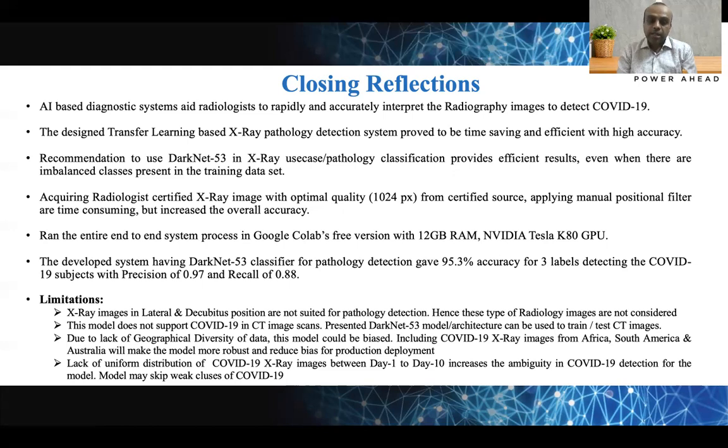So our recommendation is darknet 53 is more suited for the X-ray use cases in pathology detection, even when there are imbalanced classes present. To get to this point, we had few challenges. Getting X-ray images certified from a radiologist takes time. Also, applying some of the filters in a manual fashion takes time. But all these are finally coming up well when we actually put the model and get the results.